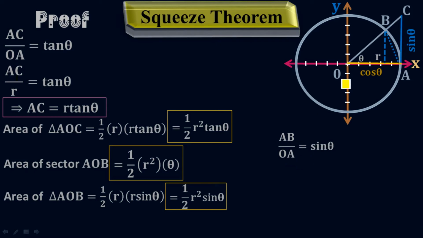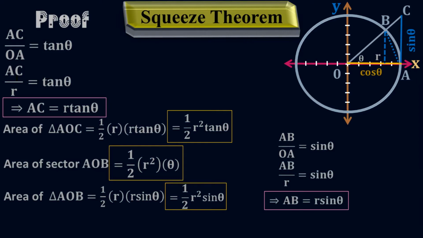What about OA? OA is my radius, this yellow line from here up to here. So just plug R for OA: AB over R equals sine theta. Multiply both sides by R, so AB equals R sine theta. There I got the value of AB, which is R into sine theta.